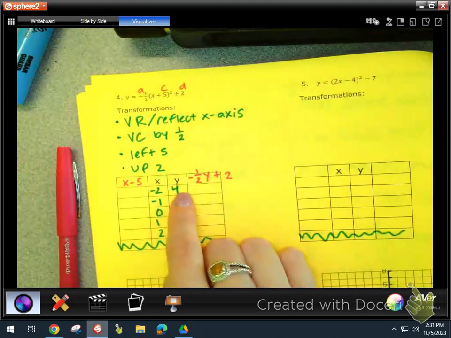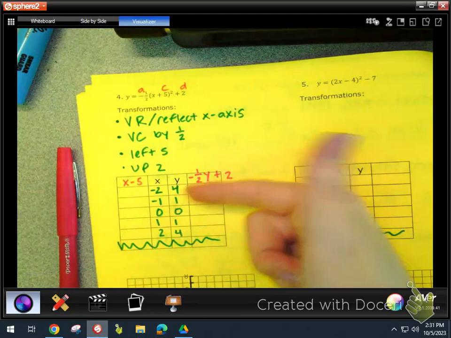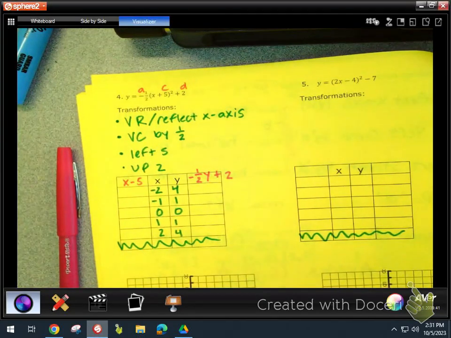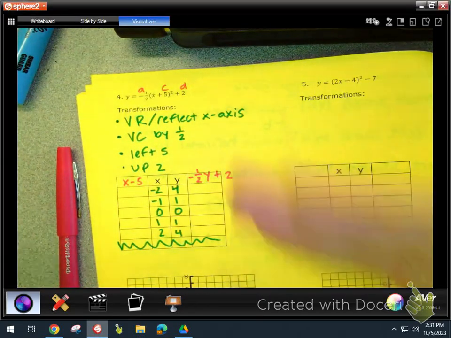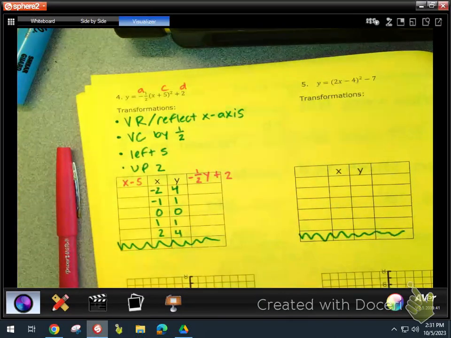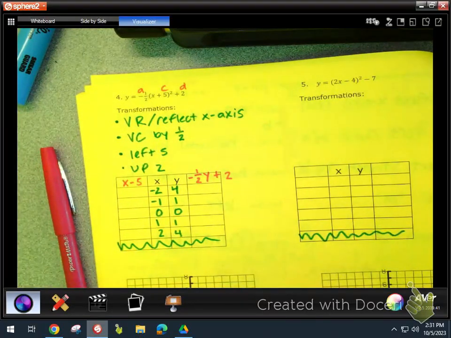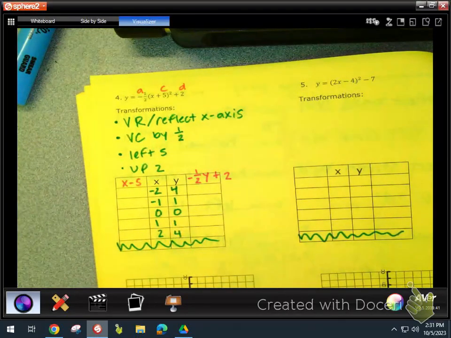If you've got the right parent function points, it takes care of all that for you. They took care of squaring your x's from the original. All you are doing is applying those transformations on those points. So you don't need to have squared written anywhere on your paper. Does that make sense? It's just go straight from the transformations, find your new numbers, draw your graph, find the stuff. That's it.